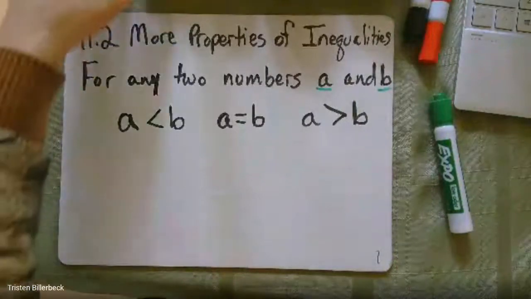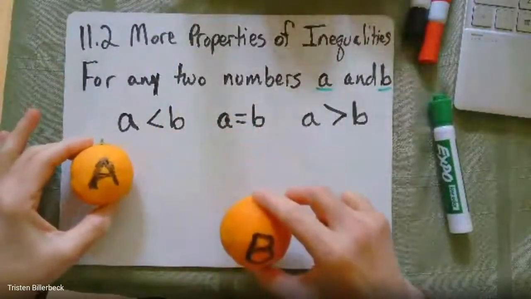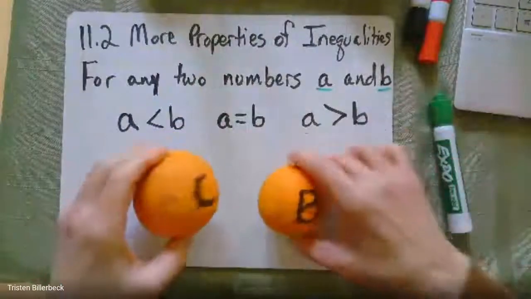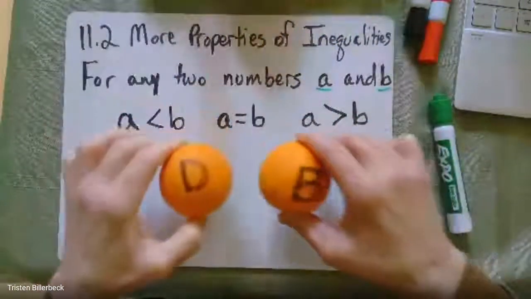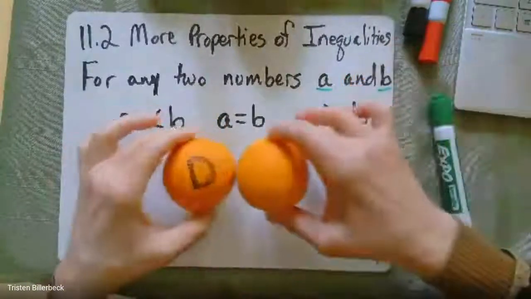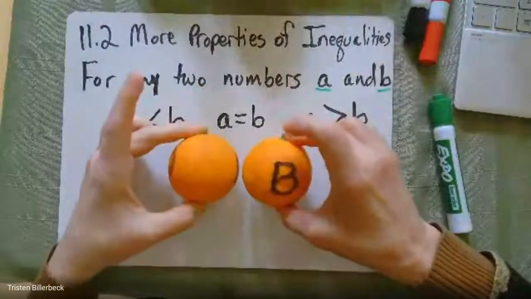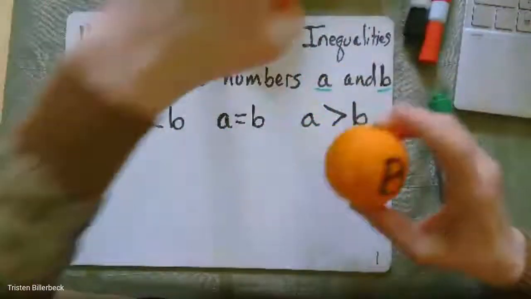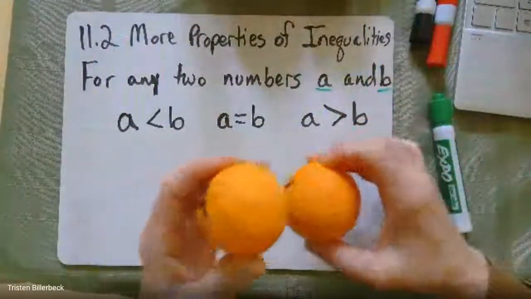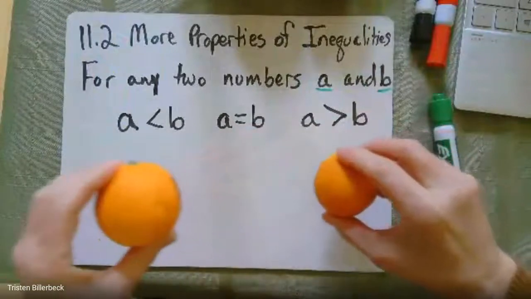So here we go. A is less than B. A equals B. A is greater than B. So we have three cases.